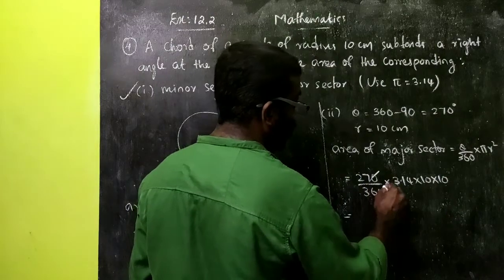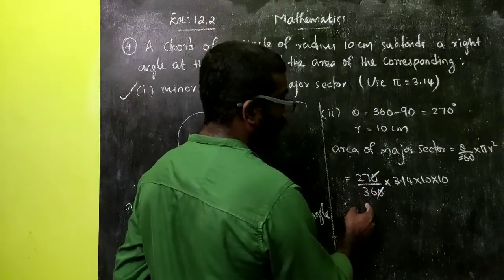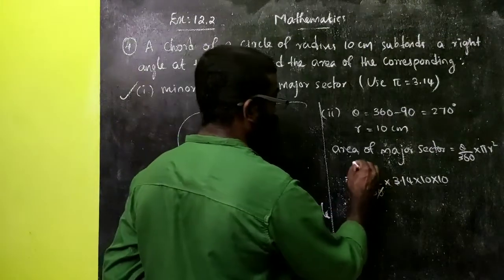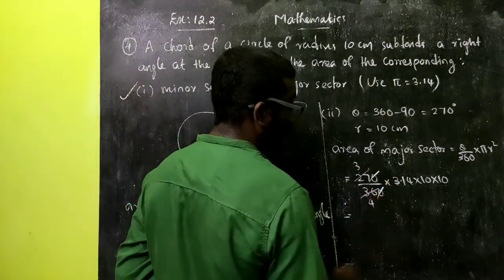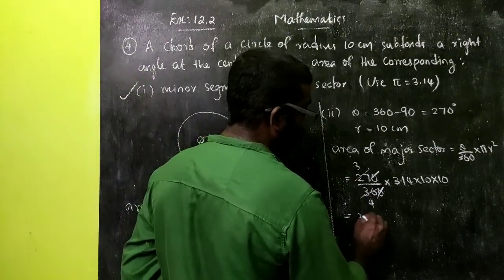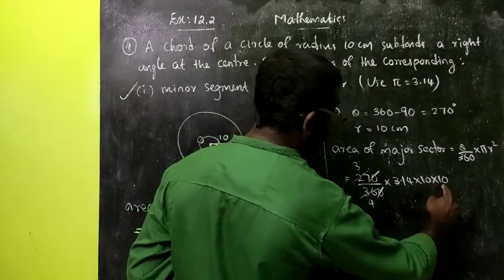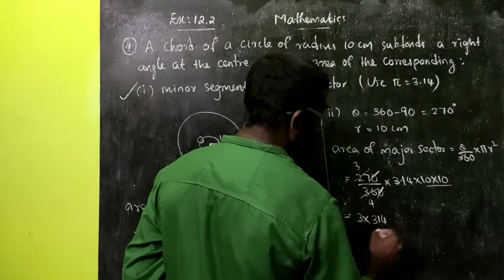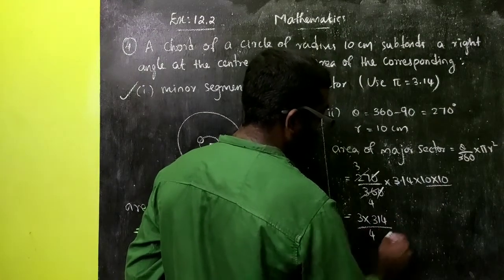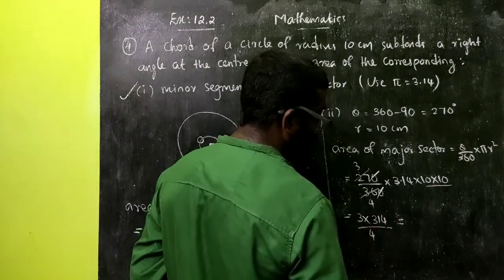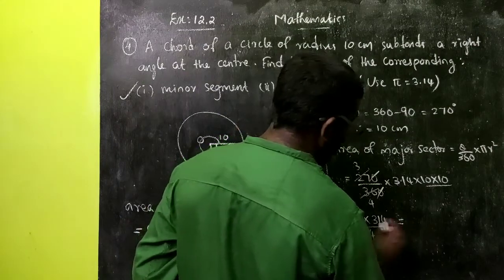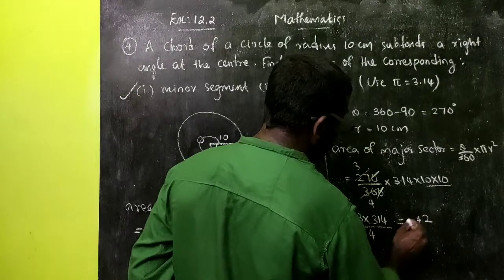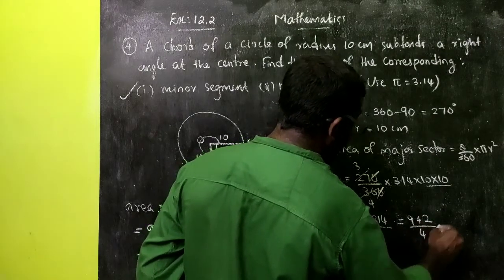Here also you can cancel one 0. 27 and 36, you can cancel it by 9. 3 9s are 27. 4 9s are 36. So 3 into 3.14 into 10 into 10. 3.14 into 100 gives 314 whole divided by 4. Here we can multiply this one. 4 3s are 12. 1 3 is 3. 3 plus 1 is 4. 3 3s are 9. 942 divided by 4.